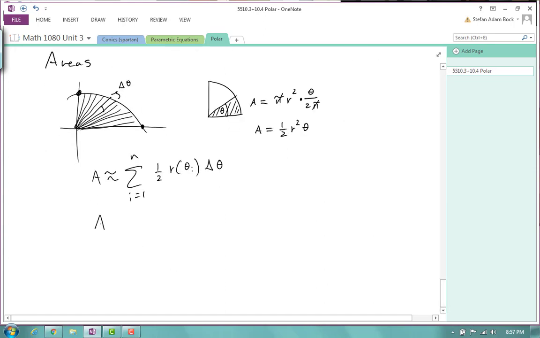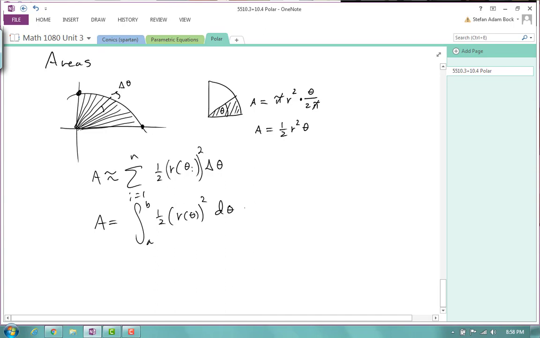Or in terms of an integral, after I apply a limit to this Riemann sum, the area in polar is given by 1/2 times the integral from a to b of r of theta squared d theta.